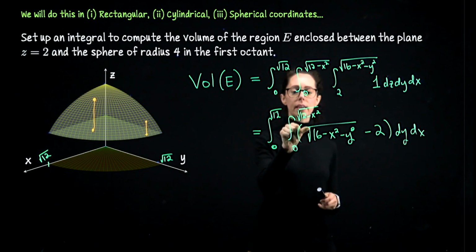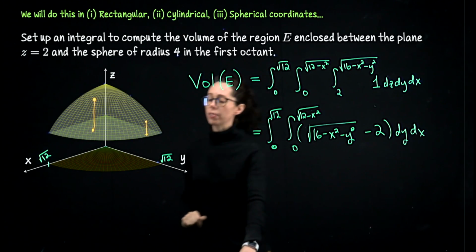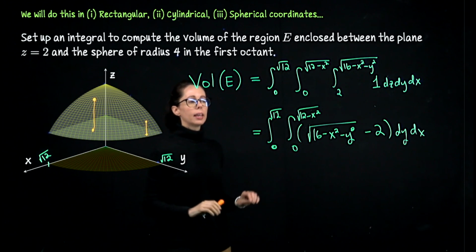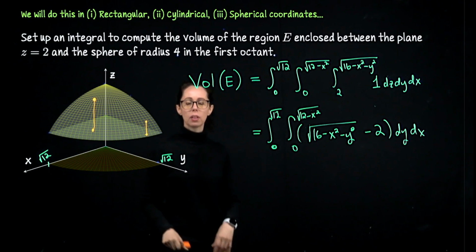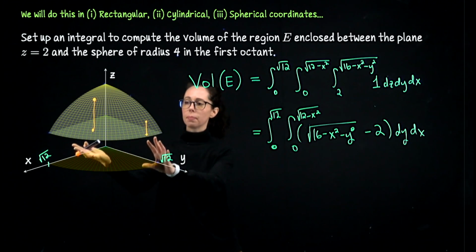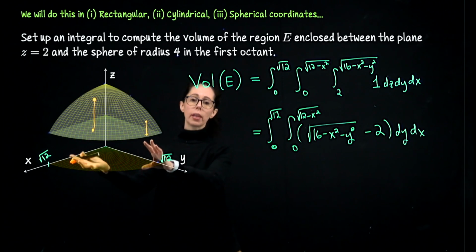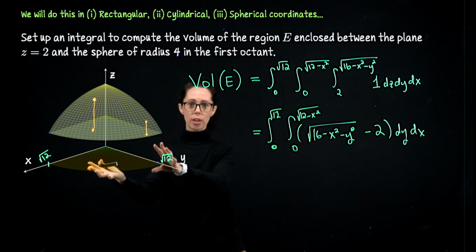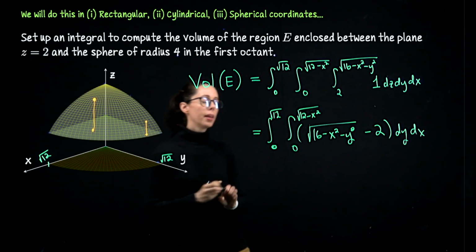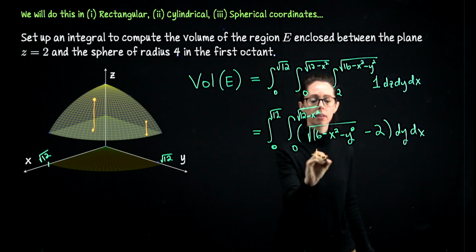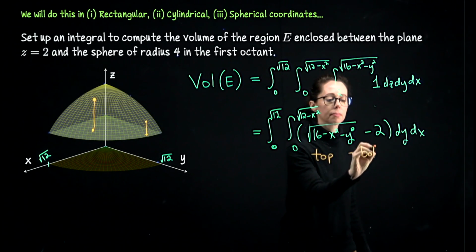I'm certainly not going to integrate this particular expression any further, but what I wanted to point out is that it is possible to look at this solid and say there's a double integral that would do the same volume computation. And this is that double integral. The principle here is top minus bottom.